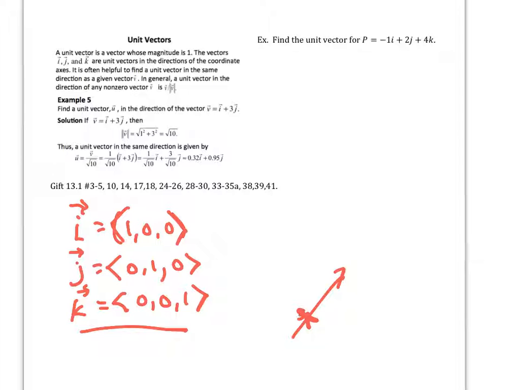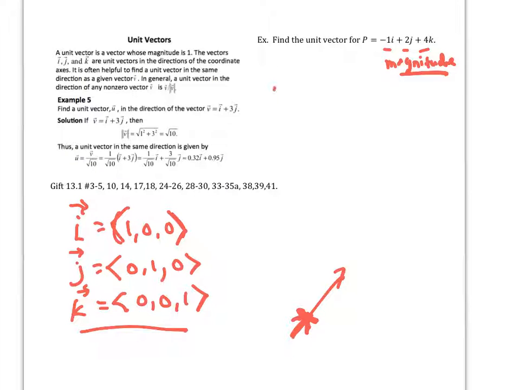So we want it in the same exact direction, but we want this length to be 1. And how we do that is we divide each one of these coordinates by the magnitude. And so if we do that, then that will make the overall length 1. So let's see how this works.